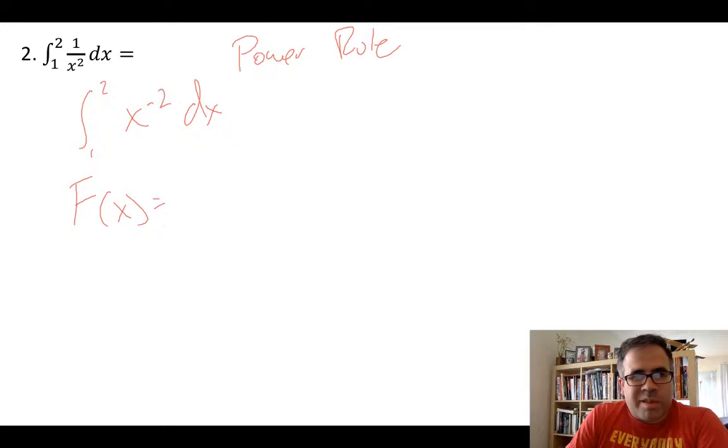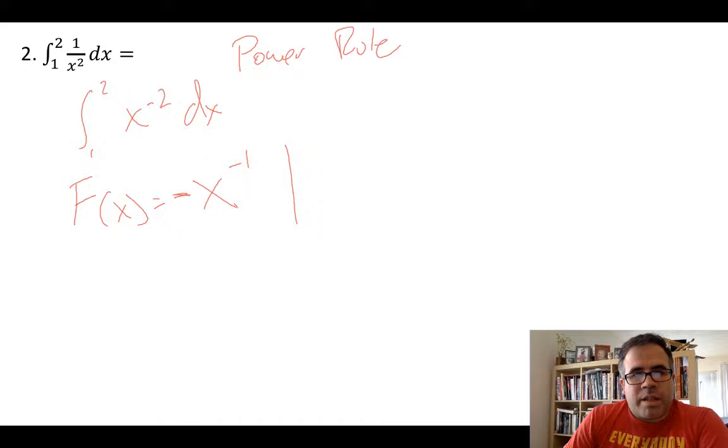Well, you can apply the power rule, but it's pretty easy to see that the power of it is going to be x to the -1st because -1 minus 1 is -2. And then to compensate, we have to divide by -1, which just ends up adding a negative in front of it.